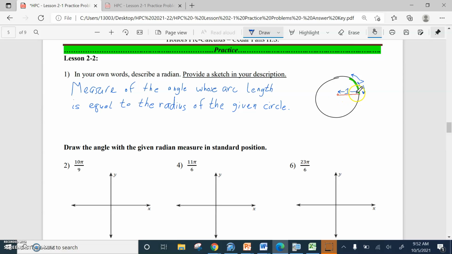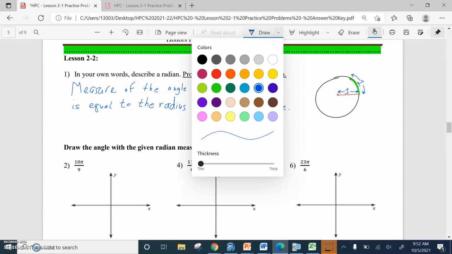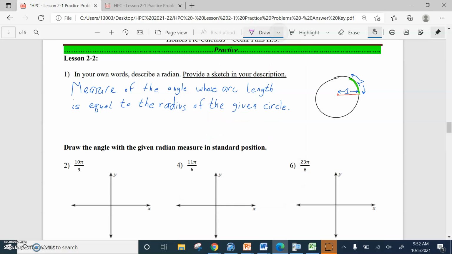So whatever the distance of this radius, if you were to take a piece of string and measure that out and then lay that string around the circle, whatever that distance of the radius is, if you were to make an arc go up that same distance, the angle that you are creating, let's choose purple, pink, there we go. So if I were to come down and draw in this angle, that would be 1 radian, we call that.